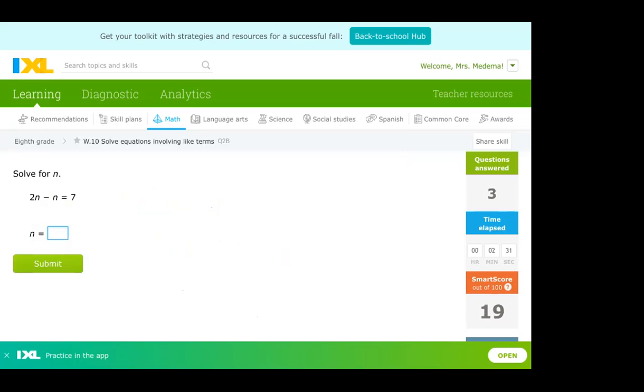All right, we have 2n minus n equals 7. Draw my fence, combine my n's. I have a 1 in front of that n, so 2 take away 1 is 1n, which equals 7. I can do this step, I don't need to, but n equals 7.